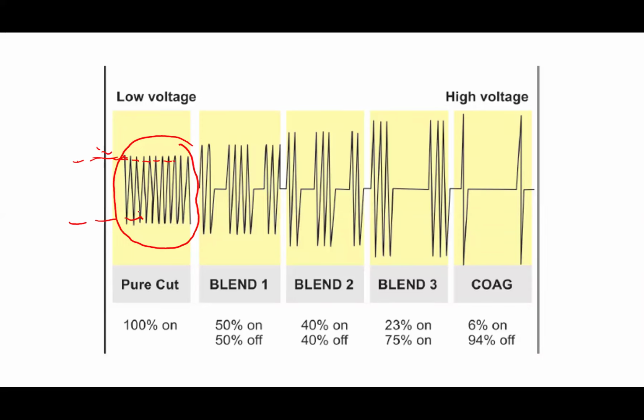This will give you 100% pure cutting. Now for blend 1, you see 50-50. Blend 2, this is what we described. But for coagulation, you now have a high voltage but low frequency.